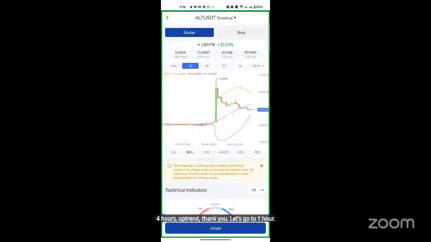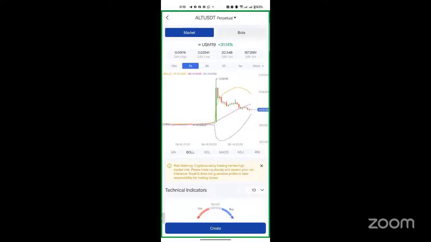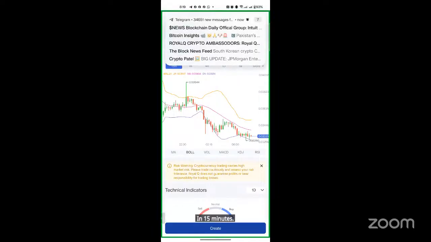Is the market on a downtrend or an uptrend in 1 hour? In 1 hour, a downtrend. Let's go to 15 minutes. Is the market on an uptrend or a downtrend in 15 minutes? In 15 minutes, downtrend. That one you have understood.